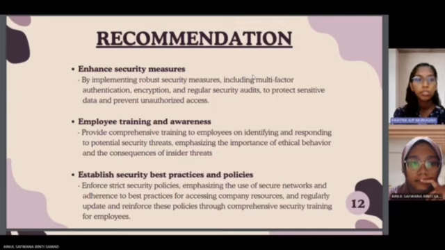Lastly, we would recommend establishing security best practices and policies. We should enforce strict security policies, emphasizing the use of secure networks and adherence to best practices for accessing company resources, and regularly update and reinforce these policies through comprehensive security training for employees.